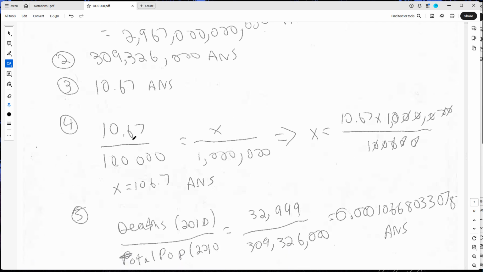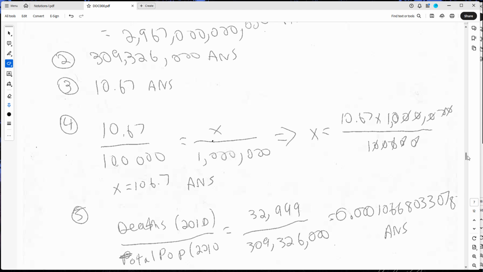So if I know that 10.67 per 100,000, we can set up a proportion to find out how many died per million. And the answer here is we cross multiply and divide. We end up with 106.7 for my answer.